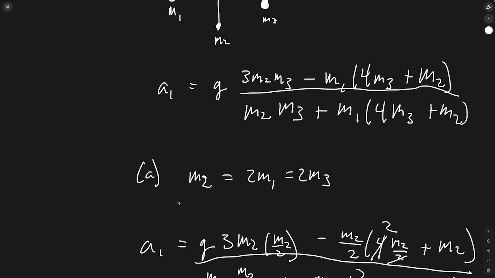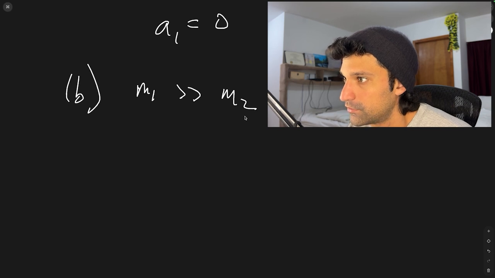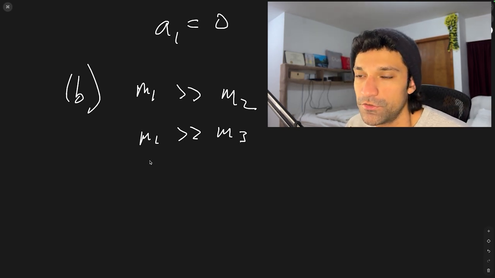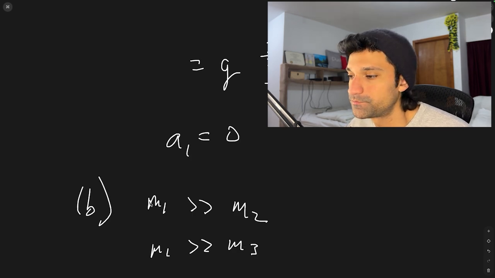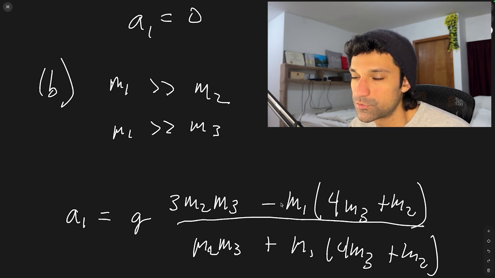All right, now suppose that m1 is much larger than m2 and m3. I'll let you try this on your own and see what happens. Now I'll provide a hint for part B. The product of m2 and m3, compared with m1, should be really, really small.